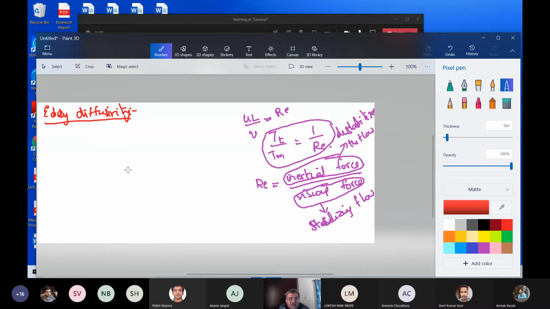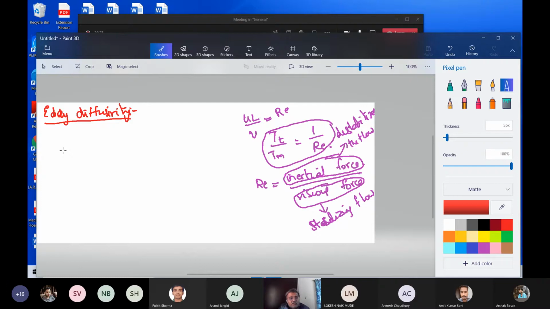Now, let us assume, as I did tell you, that turbulence is a convection phenomenon. That is, because of convection there is more mixing and more diffusion, because the air itself is moving.